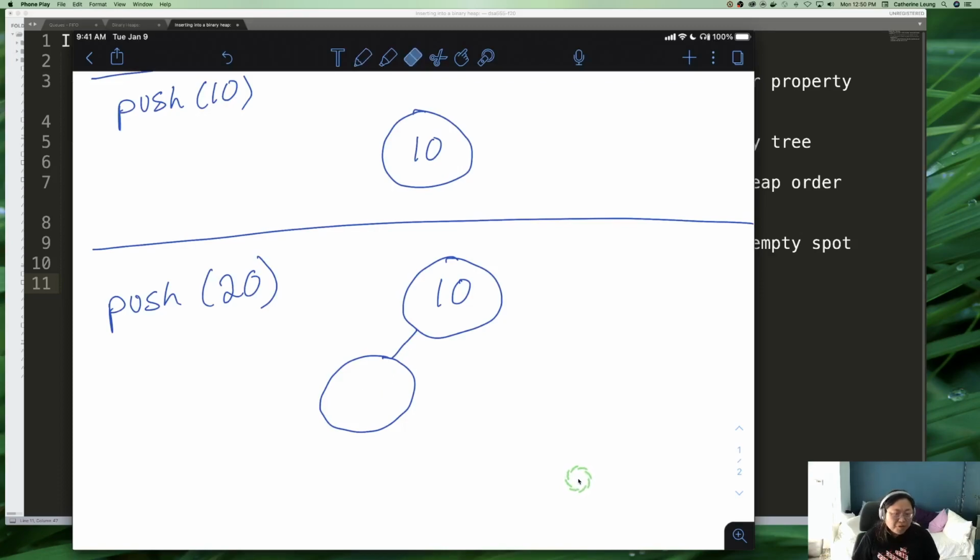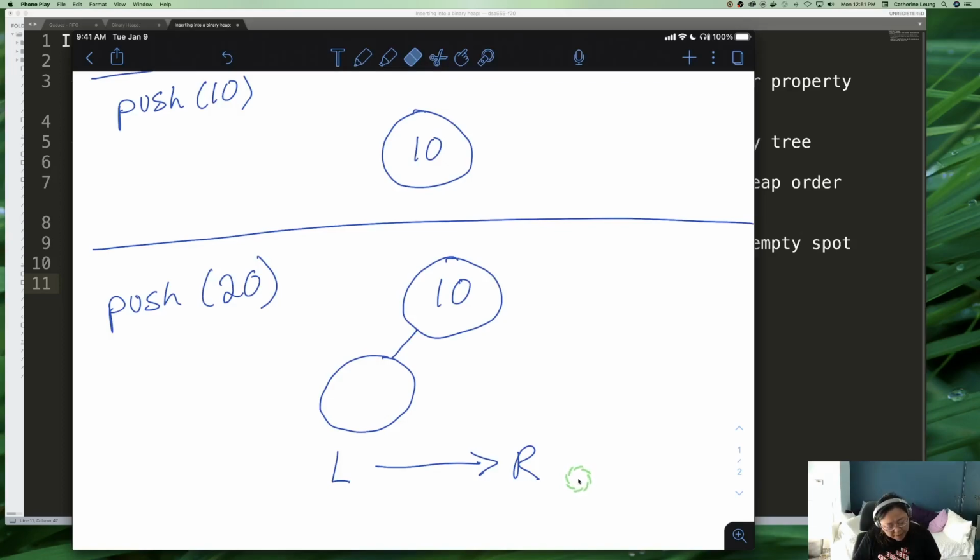So the node goes to the left-hand side of 10 because remember, we have to fill in our tree from left to right. There are two possible positions that I could have placed the node, the one over here that I did do, or the one over here. But because for completeness we have to go left to right, we have to choose this node to the left, not the one on the right. Okay, so left to right.